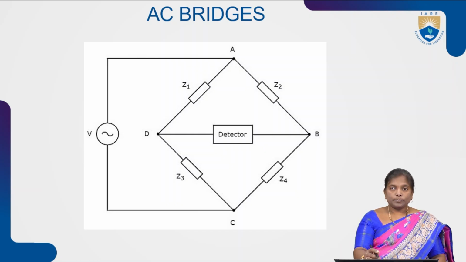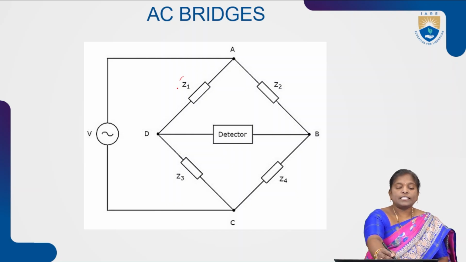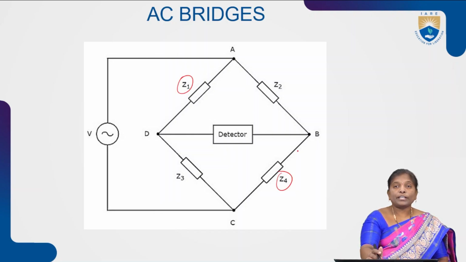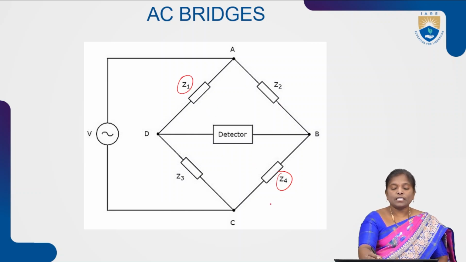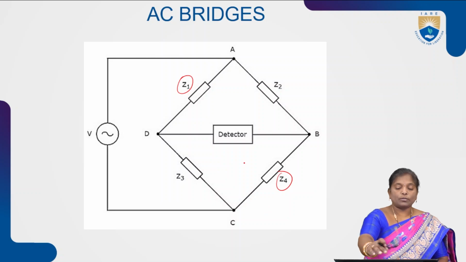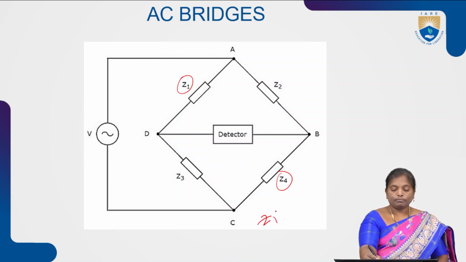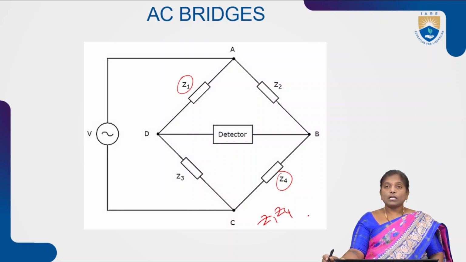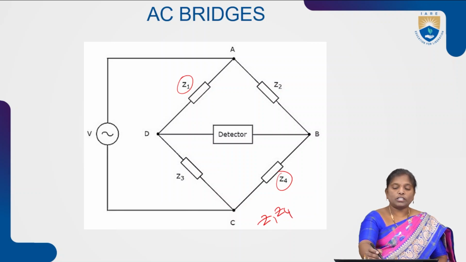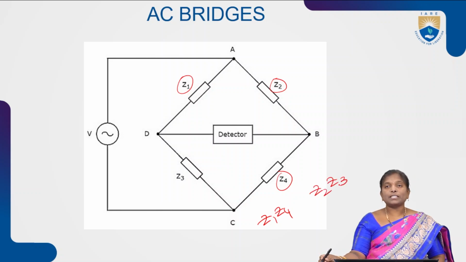The balanced bridge condition for an AC bridge is that the product of 2 opposite arms must be the same. The product of 2 opposite arms, Z1 into Z4, and the product of the other 2 opposite arms, Z2 and Z3, must be the same.